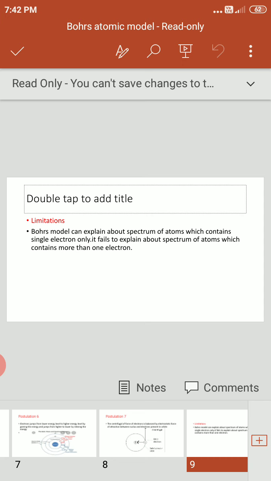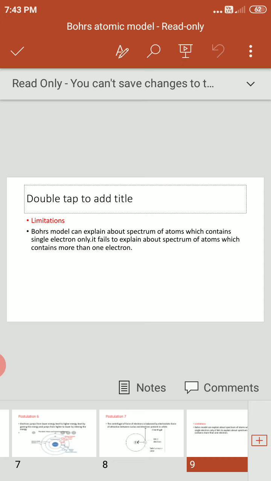What is meant by the spectrum? When we study atoms using spectra, the atom details are visualized as lines. Those lines are called spectral lines.